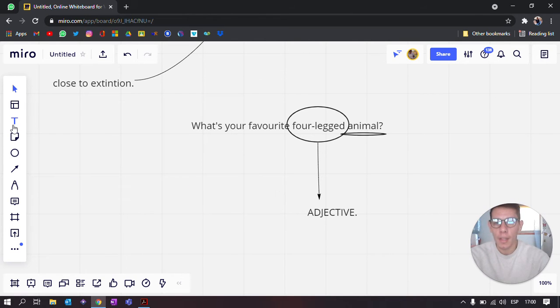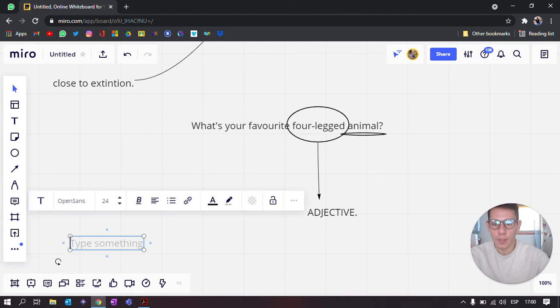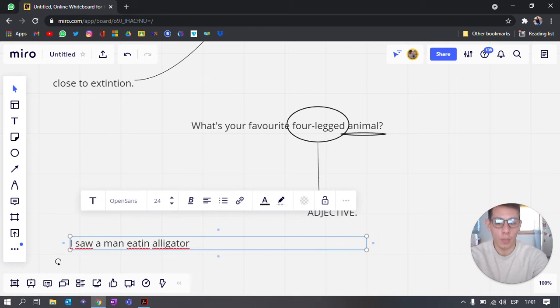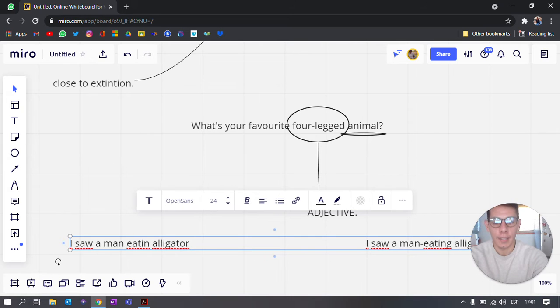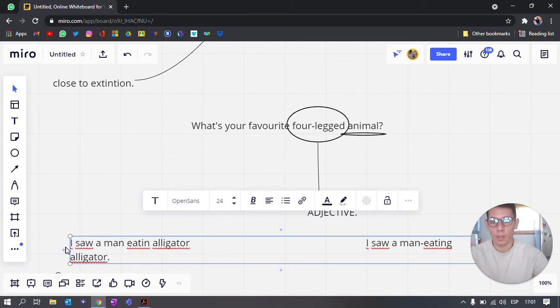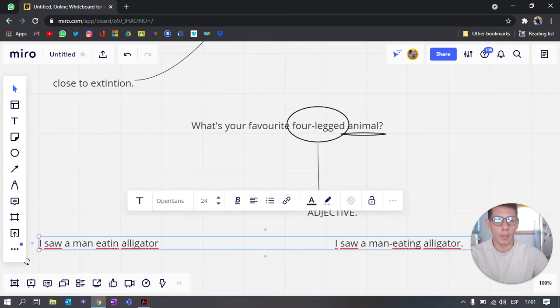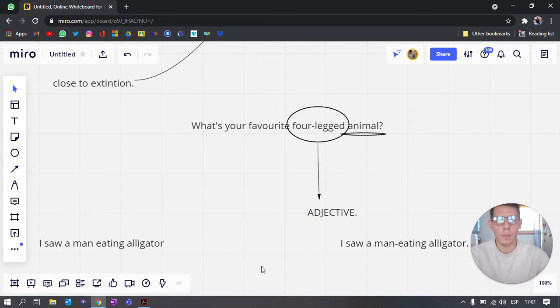So I'm going to write here two sentences, and I would like you to tell me what is the difference between I saw a man eat an alligator and, I mean, what's the difference with that sentence with I saw a man eat an alligator. Let's put this a little bit bigger, and here should be a G. So what is the difference between these two sentences?